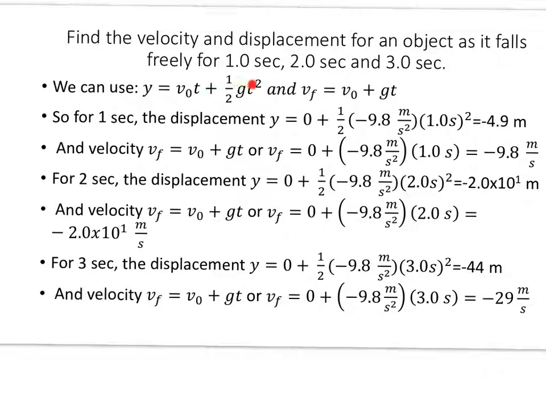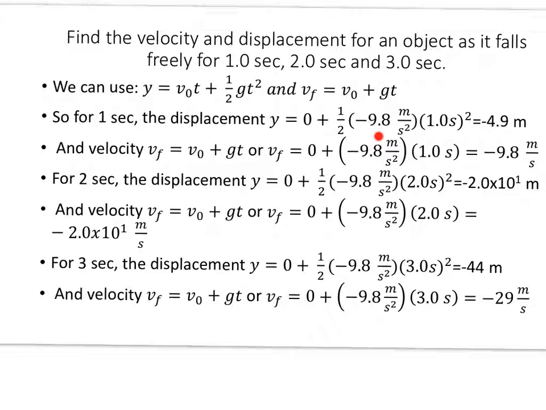Okay, we're going to go over a problem here whereby we're going to compute the velocity and displacement for an object as it falls freely for 1 second, 2 seconds, and 3 seconds. So we can use these two equations here. This will allow us to compute the displacement, and this one the final velocity. Okay, so for 1 second, the initial velocity is 0. It's being dropped from rest. And so this whole term here becomes 0.